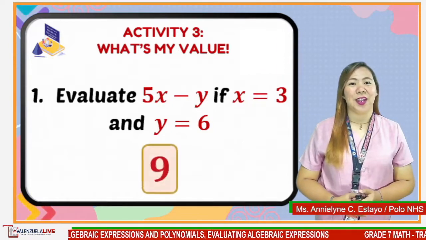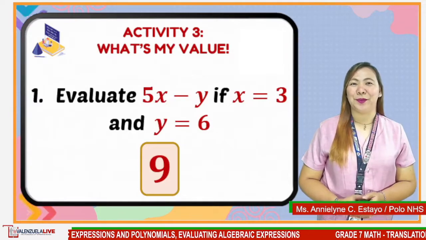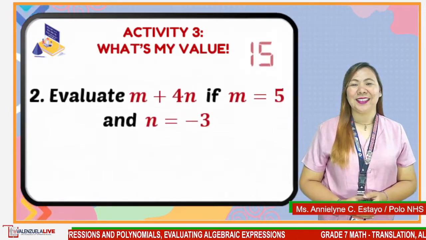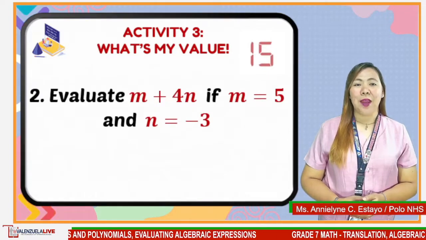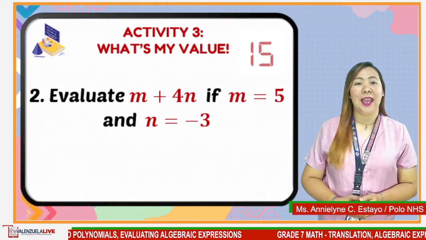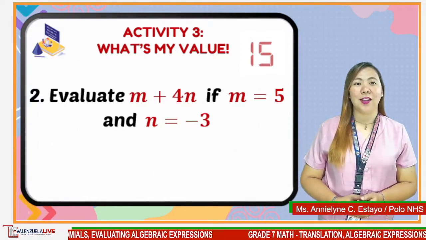If your answer is 9, that's right. Number 2. Evaluate m plus 4n if m is equal to 5 and n is equal to negative 3. 15 seconds, go.